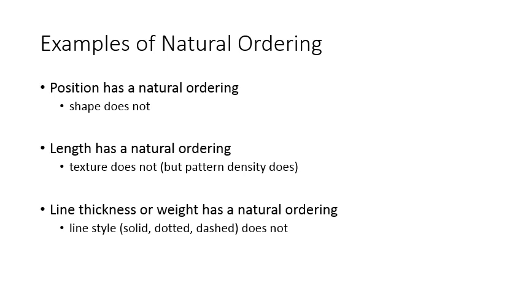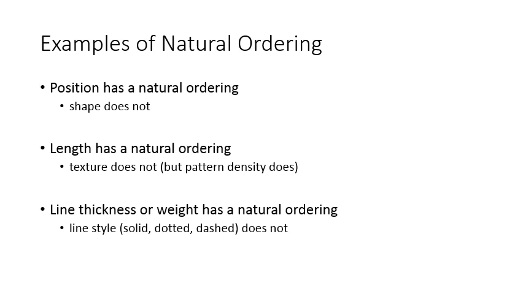So position has a natural ordering in that the left is usually the first, or the top is usually first. If we position something above something else, we presume that it is a higher ranking, a higher value, whereas shape does not. A triangle does not mean more than a square. Length has a natural ordering. Obviously, the longer, the more value we associate with it. Texture doesn't, but pattern density does.